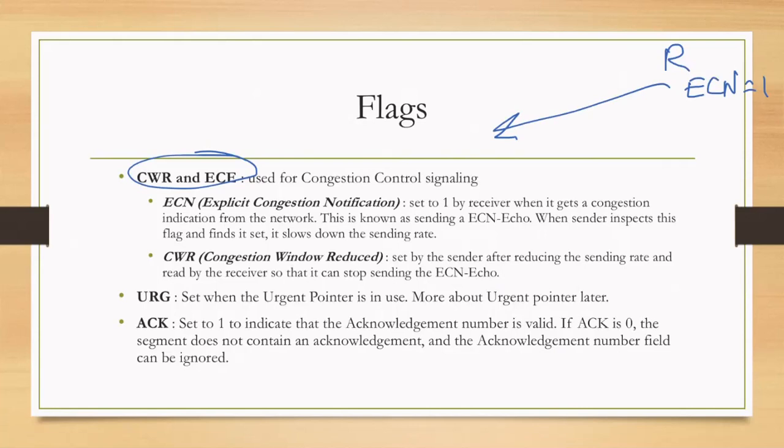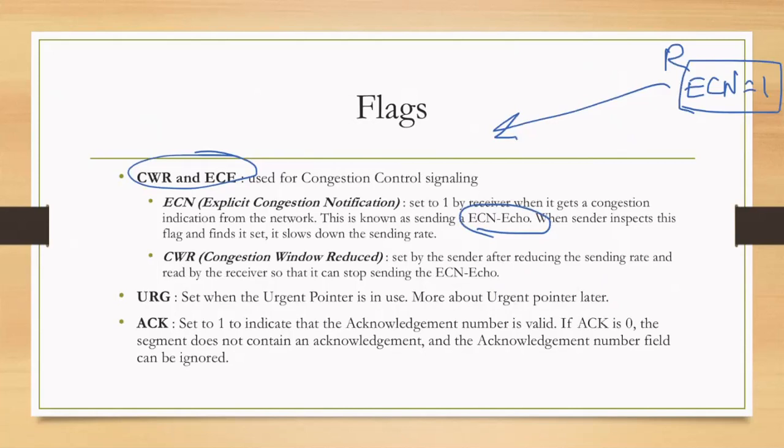Whenever the receiver gets an indication from the network that there is congestion, it will send a segment to the sender setting this flag equal to 1, and this is known as an ECN echo. It will keep on sending segments with this flag set to 1.